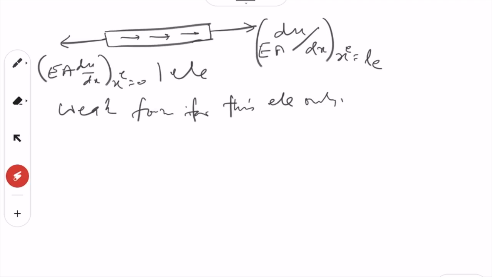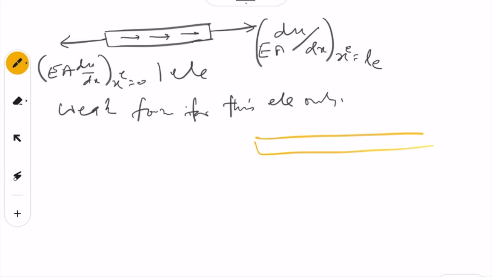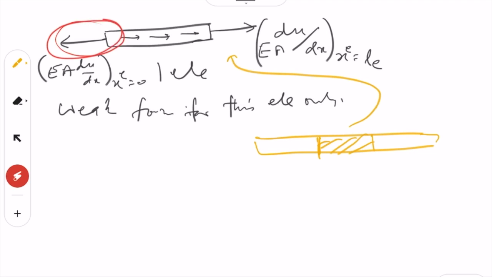written as, so even if some element is in the middle somewhere, say these are the elements we are talking about, and this is what this element is, and if you cut it here or here, then there will be an axial force here, an internal force.